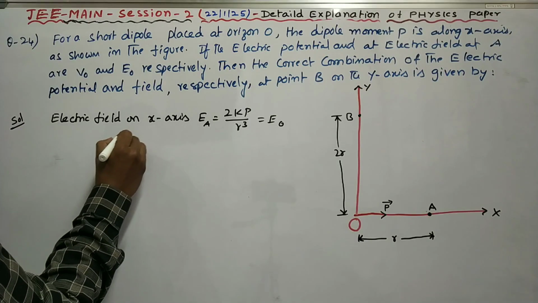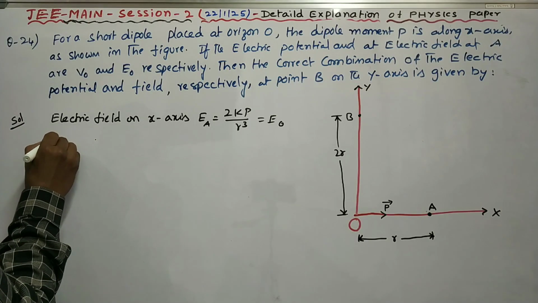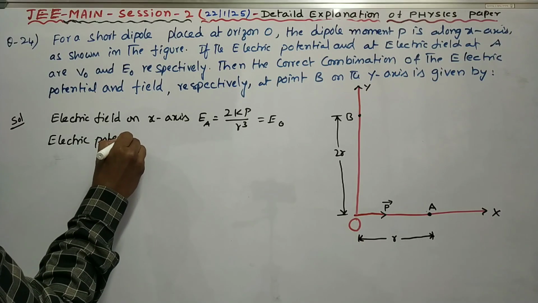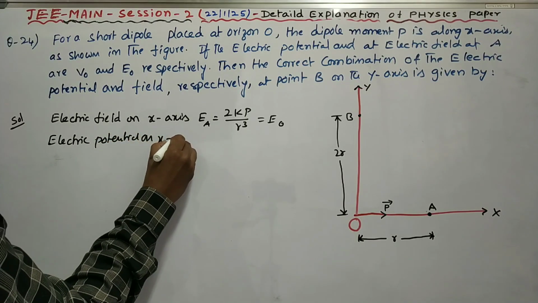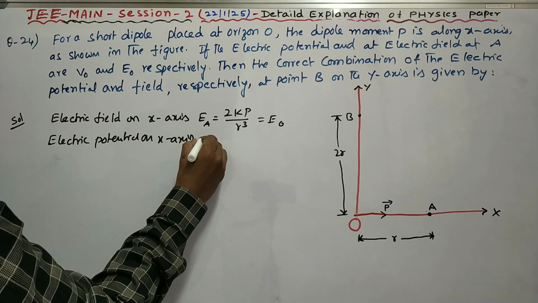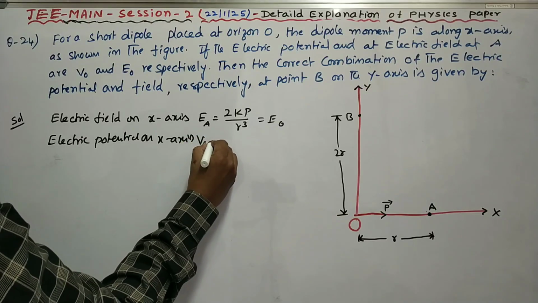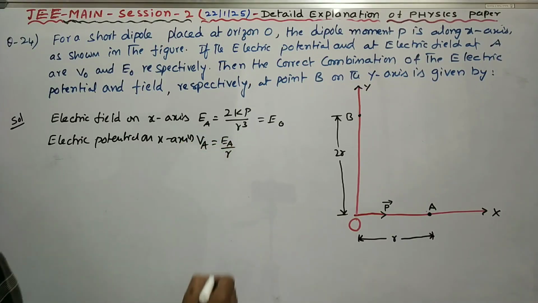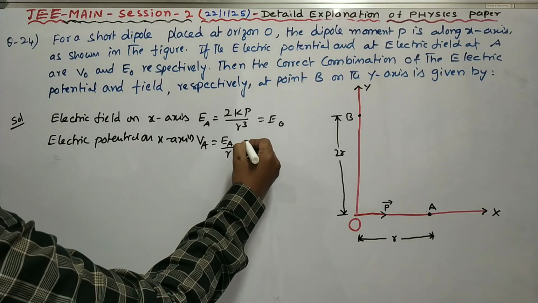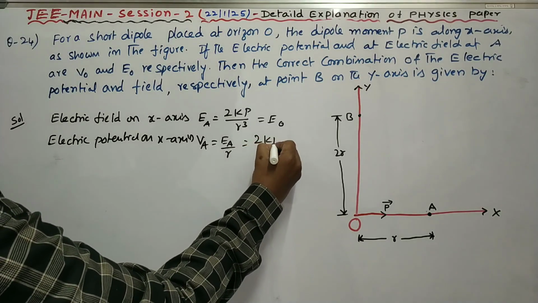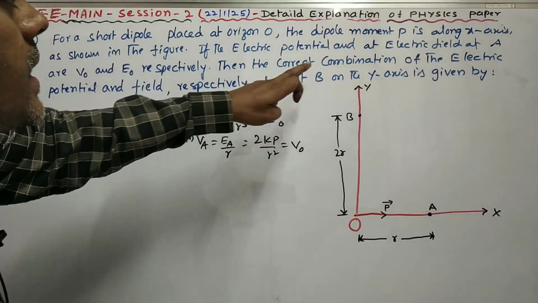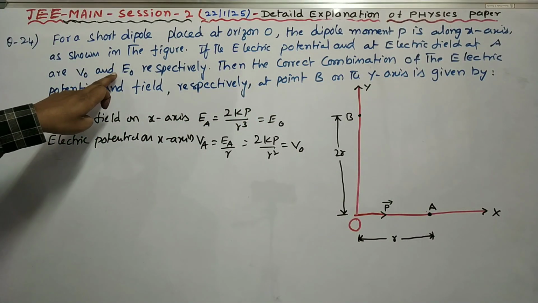Next is the electric potential on the same x-axis, called VA. It is given as 2kp by r square, and it is called V naught in the question itself, V naught and E naught respectively.